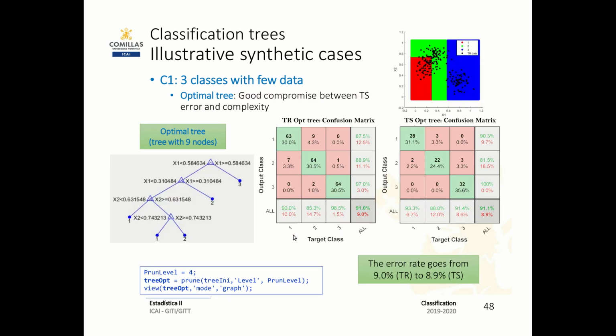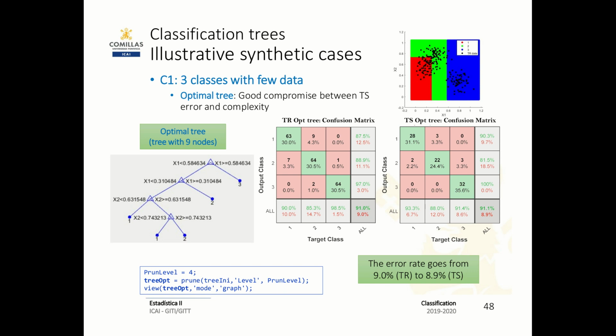And here we have the tree with just the prune level 4. So we see it is a relatively simple tree, and the classification errors for the training and test data sets are in both cases around 9, and the partition that we make of the input space is relatively well understood and simple.